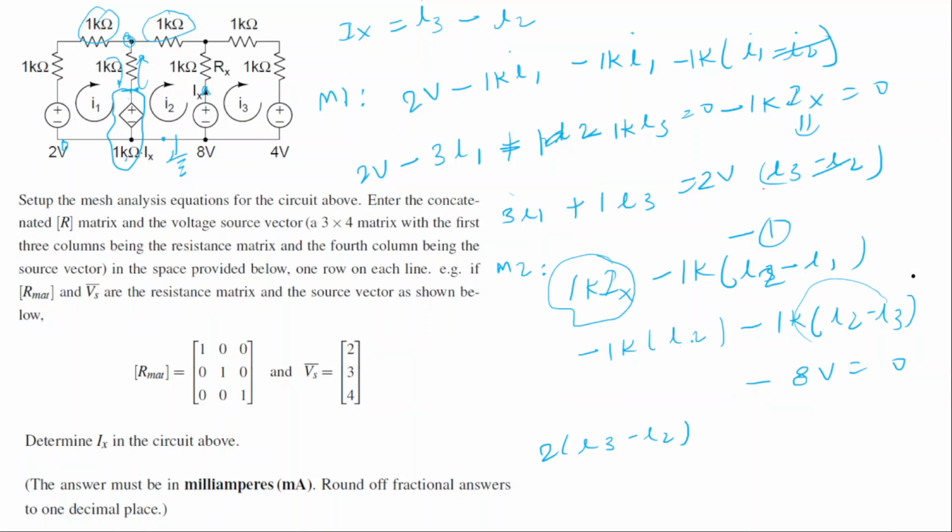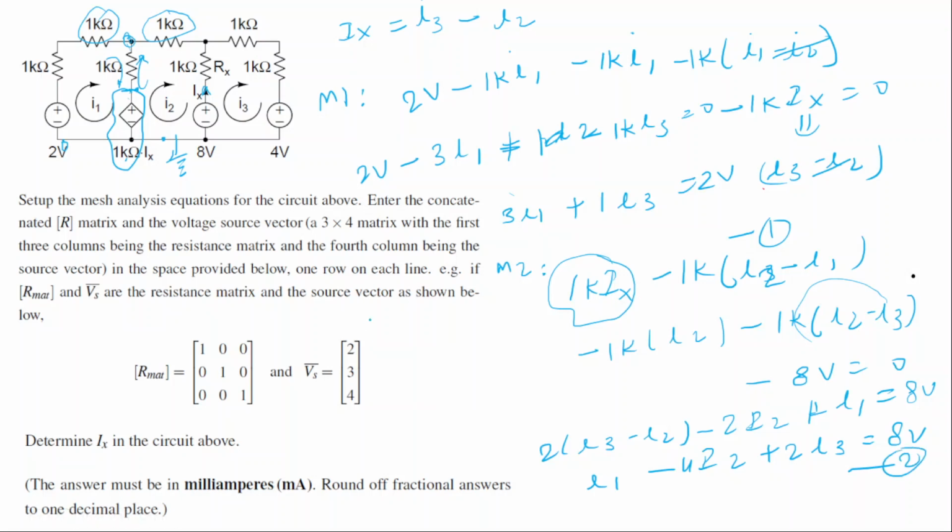Then this I2 will be added up, so minus 2 times I2 plus I1 equals 8 volt. So it will be I1 minus 4 times I2 plus 2 times I3 equals 8 volt. This is our equation 2.